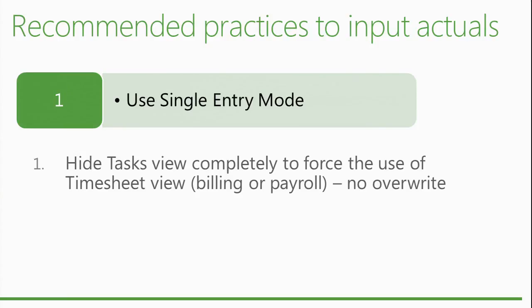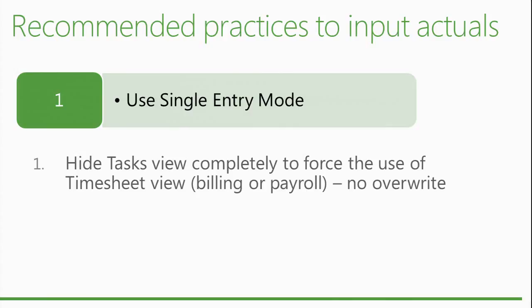It's to avoid errors, for example. If you allow the task view to still be accessible to the users, they may be untrained. They may not understand what's happening, and they may be tempted to enter hours once in the timesheet and once for the task updates, and the results may not match.